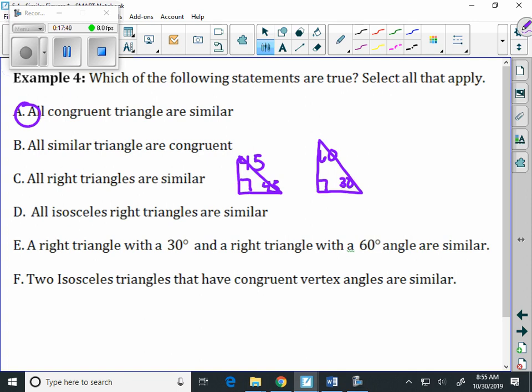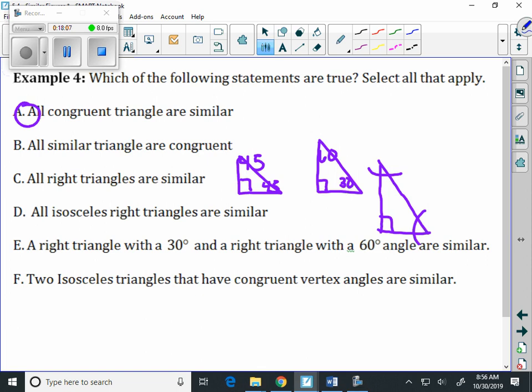Letter D, all isosceles right triangles are similar. And now I need to think about this one for a second, but it's an isosceles right triangle. So we're going to have that, and my picture's not very good, but what that means is that this angle and this angle have to be the same.